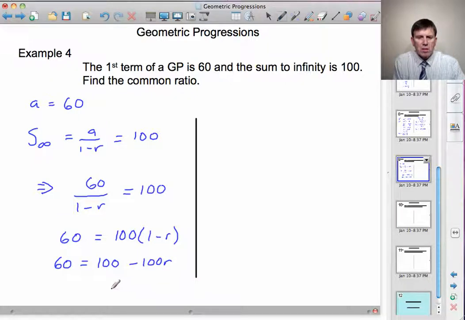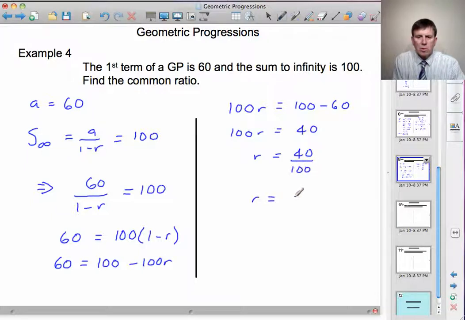So I'll now bring the R's to the left where they'll become positive, and I'll take this 60 to the right where it'll become negative. So that will give me 100R on the left is equal to 100 minus 60. So 100R is equal to 40. R is 40 divided by 100.